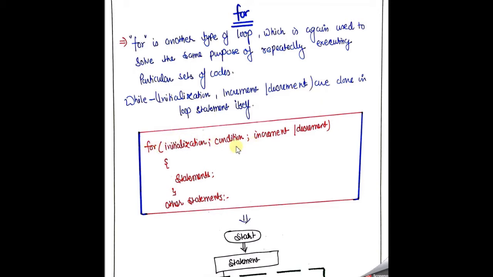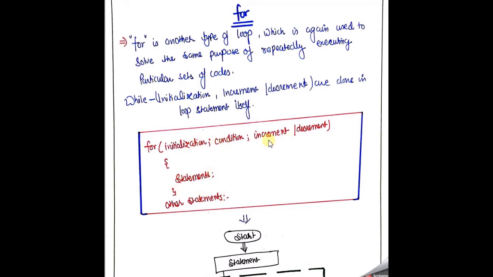The syntax of the for loop is something like this: for, open bracket, and then you first need to initialize your variable with the value from which you want to start your condition checking. After the initialization you have to mention the condition, which gives you the limit up to which you perform the operation.